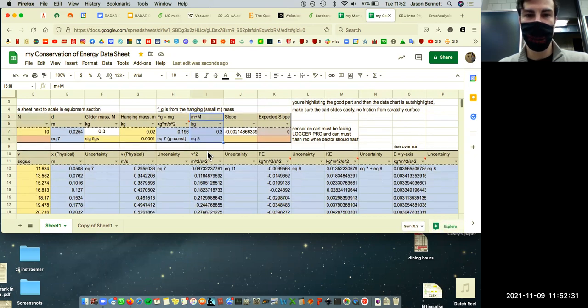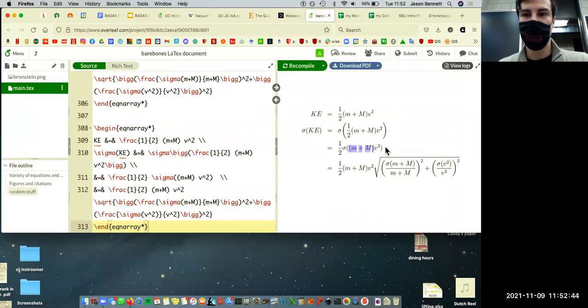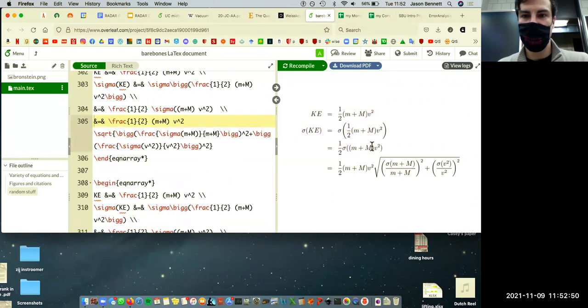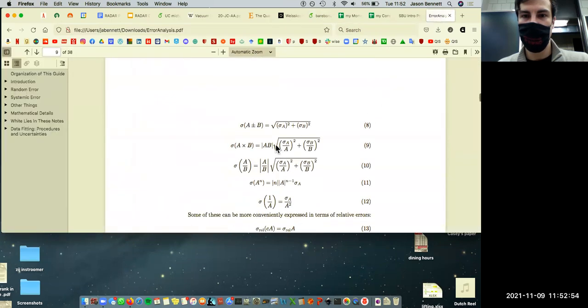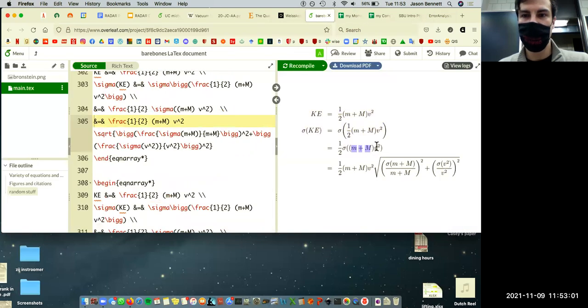And if you notice, not only did we have the quantity for V, which we found, we also have a column for V squared. Because we already have a column for V squared and M plus M, this was just equation 9. This is A. This is equation 9, where M plus M is A, and B would be V squared, right there.